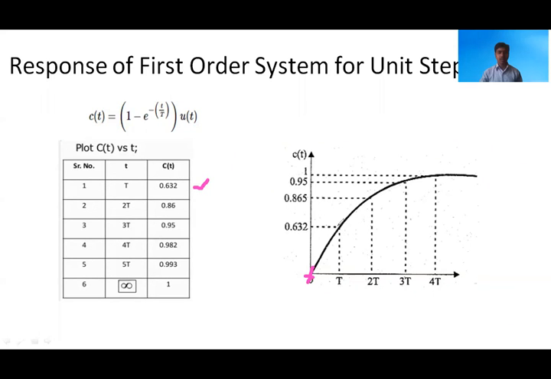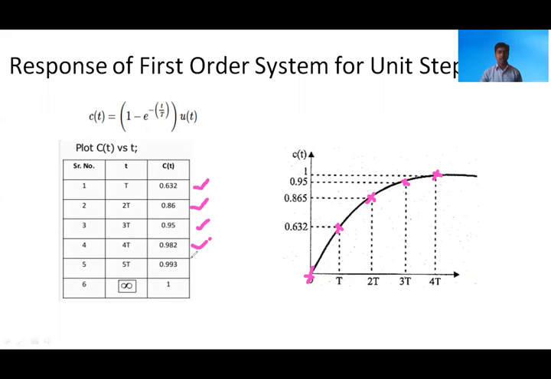So keep a point here. In a similar way, at t is equal to 2T, you will get 0.86, then 0.95 for 3T, like this. Then at t is equal to 4T, we will get the point in a similar way, and so on. You can keep it.